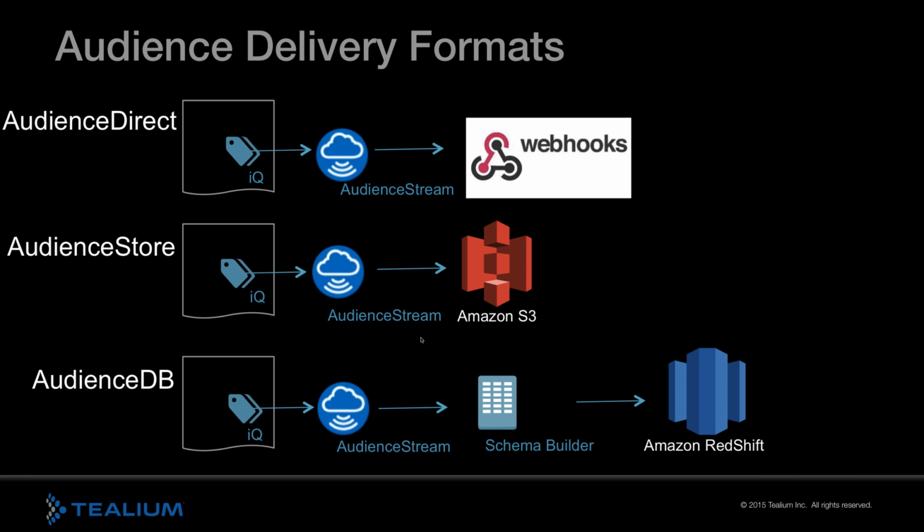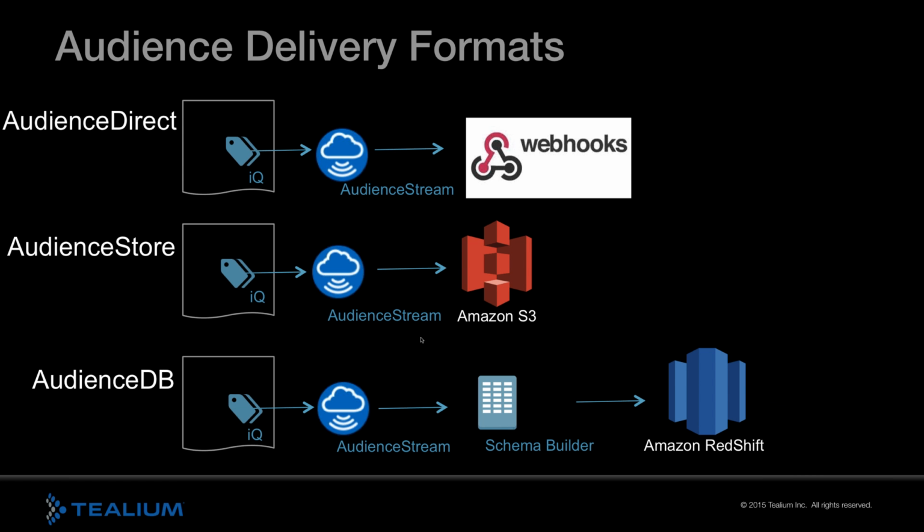From Audience Stream, instead of doing simple web requests, we have the ability to create web hooks, and web hooks are now quickly becoming a standard in generic APIs. Audience Store is very similar to what we're seeing in the Event Store. We can store that data on Amazon's S3 bucket.